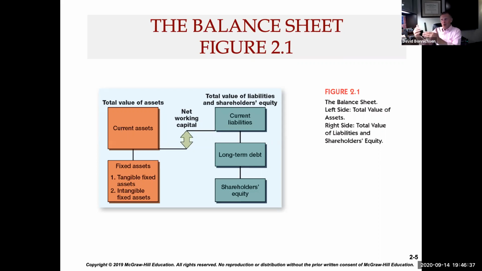We've got debt that we owe. We've got suppliers that we have to pay, banks we have to pay. But guess what? We also have shareholders, and we have to pay the shareholders. The shareholders are a liability to the firm. We owe them money. The shareholders have value. They have entrusted us to run the business. They have bought stock in our company, okay?